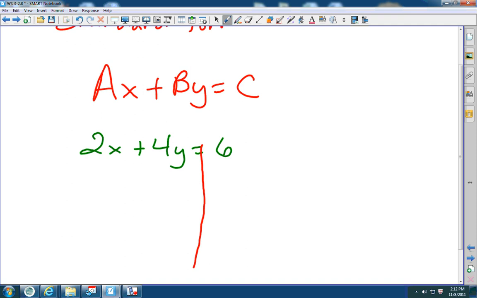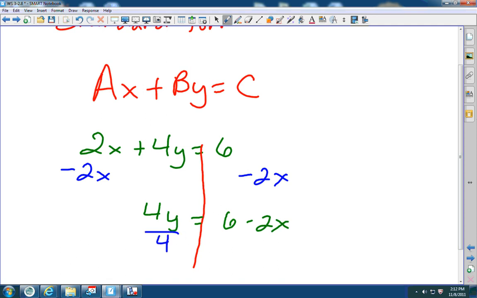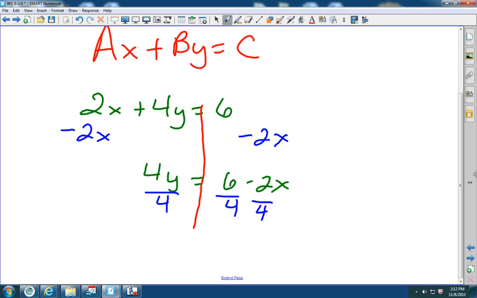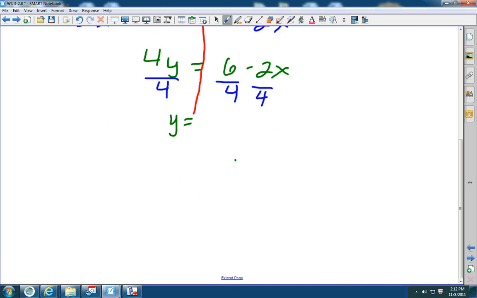Changing it from standard form, I would subtract 2x from each side, and I would get 4y equals 6 minus 2x. I would divide by 4, and I would get y equals 6 over 4 minus 1/2 x.